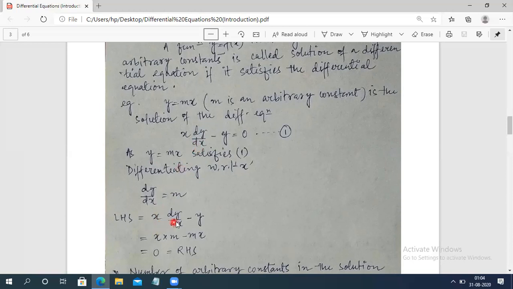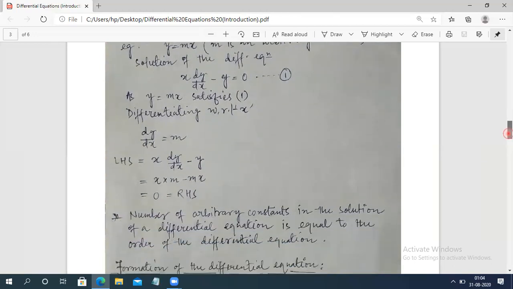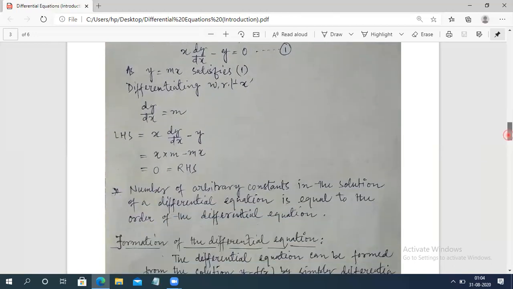Then it will be x dy by dx minus y, that is x into m, minus y, which is mx, so mx minus mx is 0. That means y equal to mx satisfies x dy by dx minus y equal to 0. It implies that y equal to mx is the solution of the differential equation.